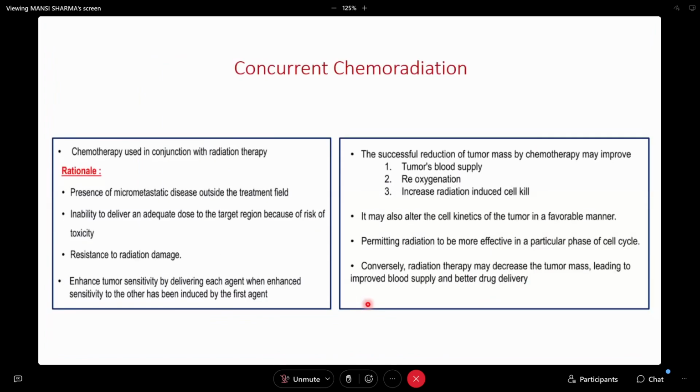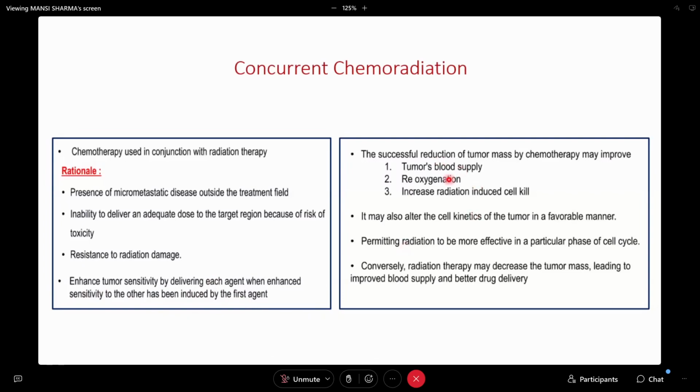Concurrent chemoradiation, we've mostly discussed this. The rationale is that we look at micrometastatic disease outside the treatment field, and because of resistance to radiation damage, this helps with that. There is an inability to deliver an adequate dose to the target region because of risk of toxicity. So this enhances tumor sensitivity by delivering each agent when enhanced sensitivity to the other has been induced by the first agent. So they work synergistically.